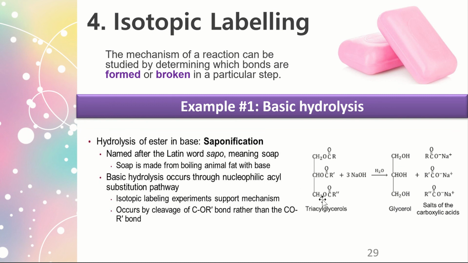So these triacylglycerols, right, with base, such as sodium hydroxide, and then we have soap, right? So basic hydrolysis occurs through nucleophilic acyl substitution pathway, and we can use isotopic labeling experiment to support the mechanism.